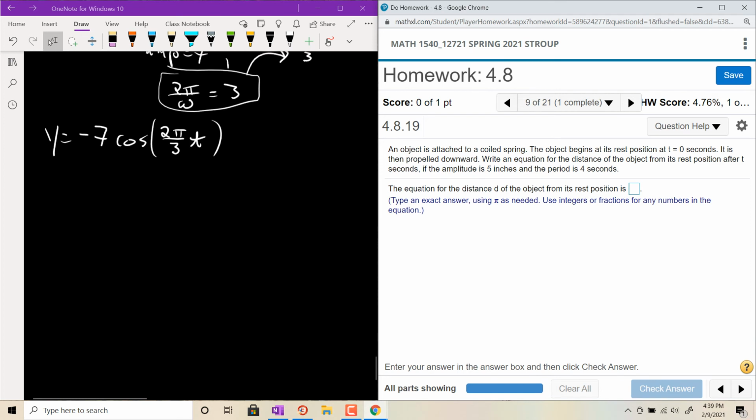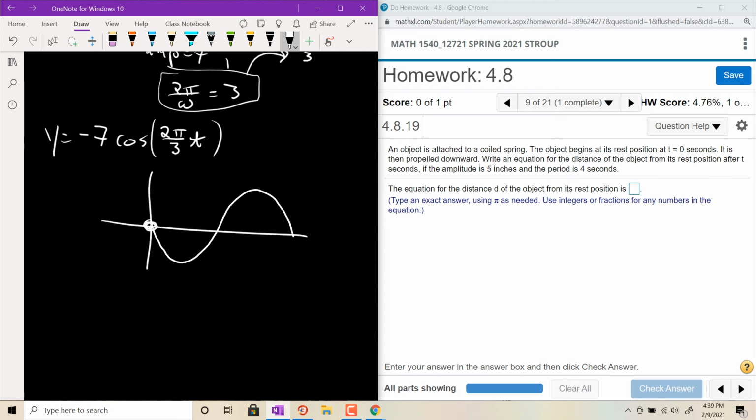Okay, what else? The object begins at the rest position at 0 seconds, so it's right here. And then it's propelled downwards, so it's going to go down like this, and then back up, and then back down. So this is going to be a negative sign. Its amplitude is 5, so it's going to be negative 5 sine of something. We need the omega value.